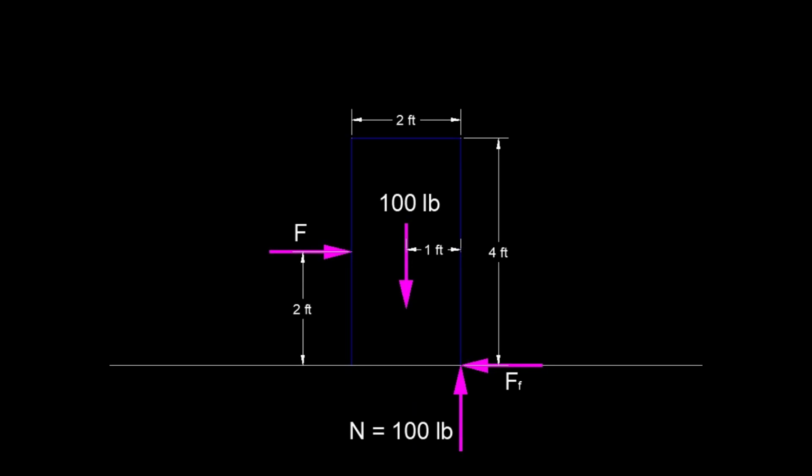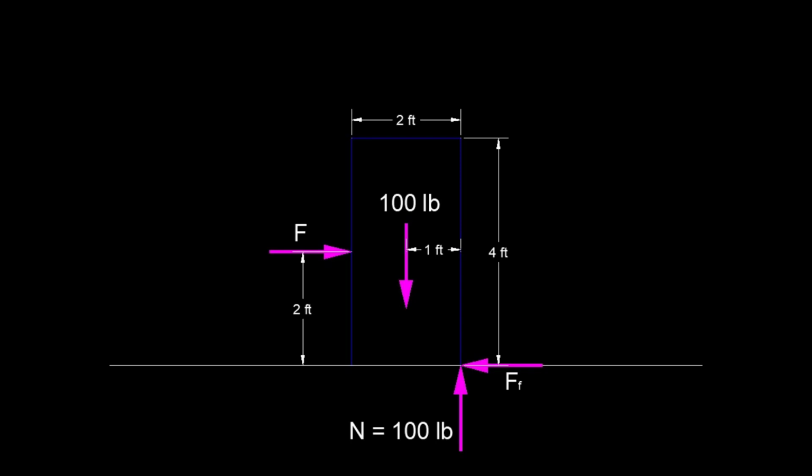The force applied is still 2 feet off the ground, but the normal force is going to be shifting from the center to the corner, because if it's going to tip, that's where the force will be, because it's tipping and rotating around that point. Okay, and the friction force again is still acting from right to left, opposing the force applied.